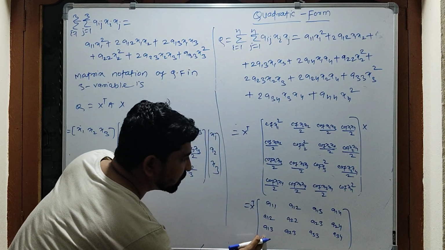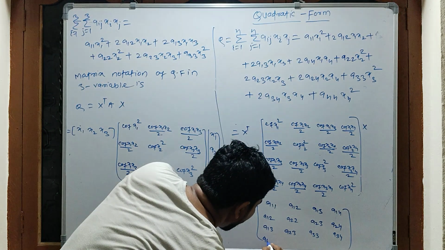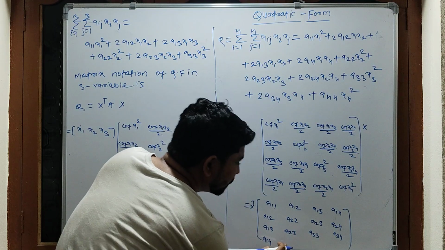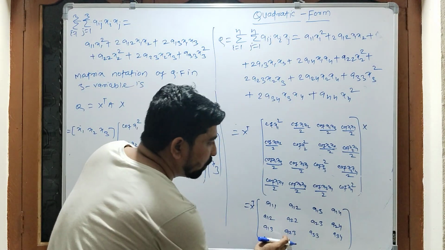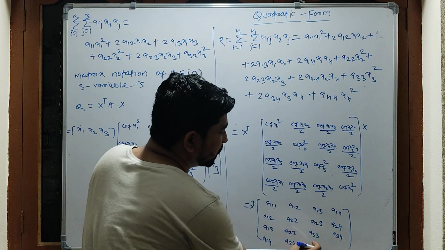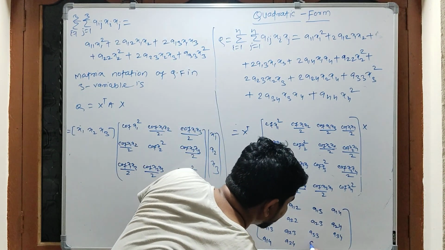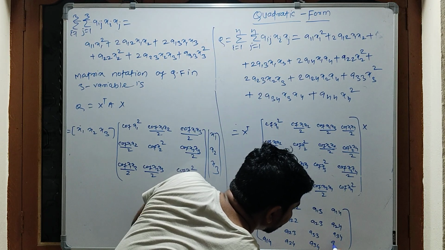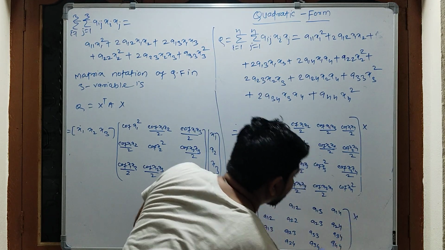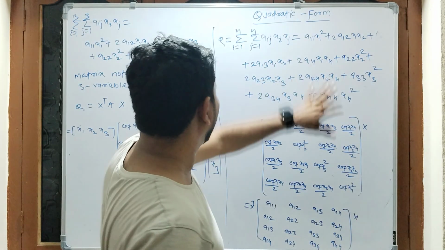Now this is the a41 position, but a41 is the same as a14, so write a14. This is the a42 position, but a42 is the same as a24, that is a24. This is the a43 entry, but a43 is the same as a34, so write a34, and this is a44, and this is x. This is the matrix notation corresponding to 4 variables.